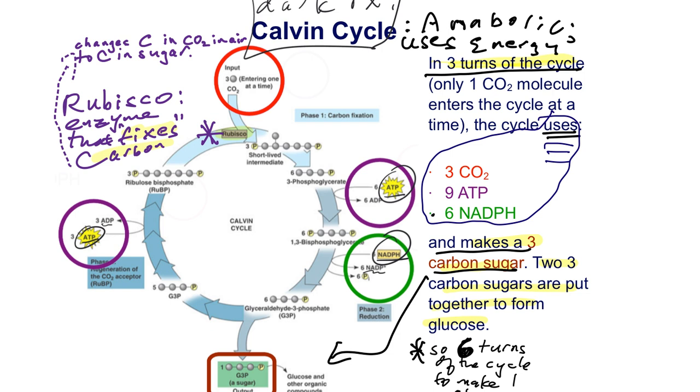And that energy is going to be used to build glucose. Here's glucose, or half of glucose at least, at the very end. Then the discharged batteries will go back to the light reactions to get recharged so that the dark reactions can keep on going, making more glucose.